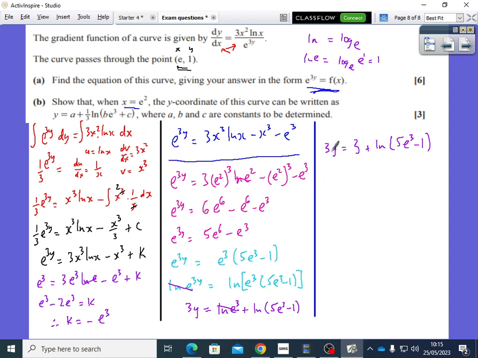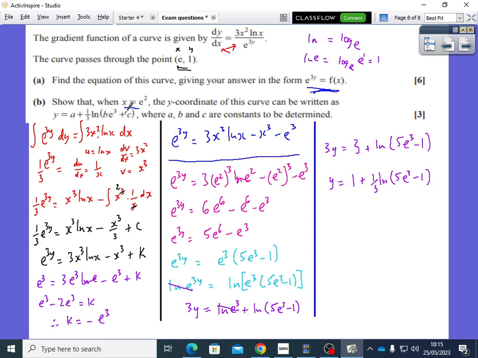So we want a third, and that third is going to come by dividing this all by 3. So y will equal 3 divided by 3 is 1, plus that divided by 3, which is the same as multiplying it by a third, of ln, open bracket, 5e to the 3 minus 1. And that's exactly in that form.